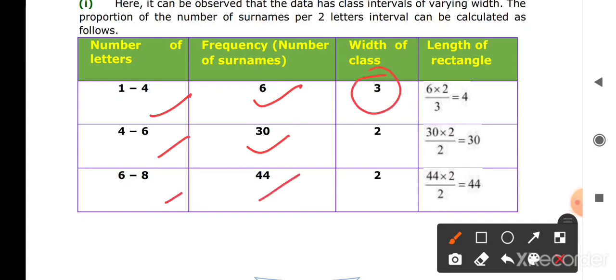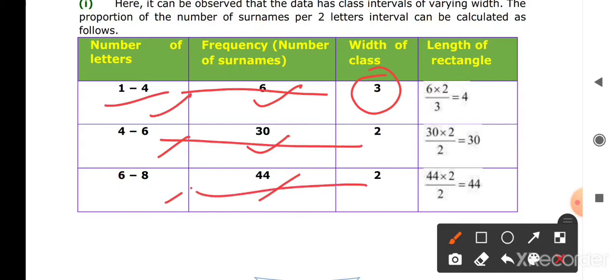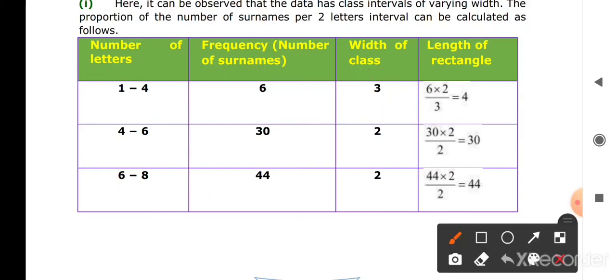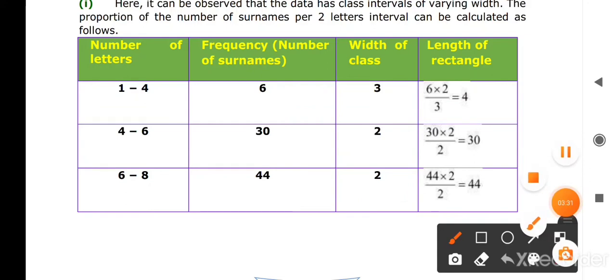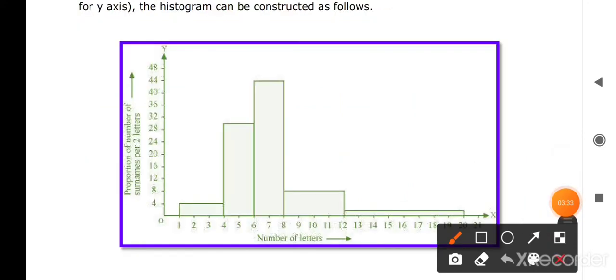We will first find the width of the interval, which is 3, 2, 2 like that, and see what the minimum width is. So we will do it like that: 6 divided by 3 multiplied by 2, 30 divided by 2 multiplied by 2, 44 divided by 2 multiplied by 2 like that. And you will draw the histogram with the help of the data we have formed.